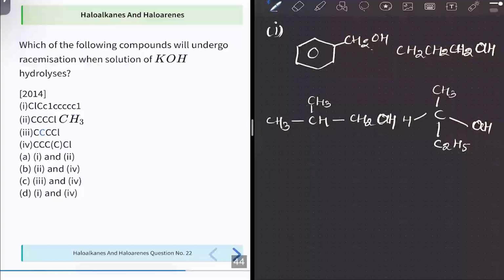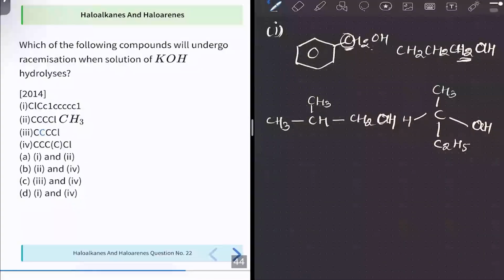Racemized means there will be formation of two forms, that is D and L form. That means the compound should be optically active, and for an optically active compound, we have to find the chiral carbon. This is not a chiral carbon because on the same carbon atom there are two hydrogen atoms.